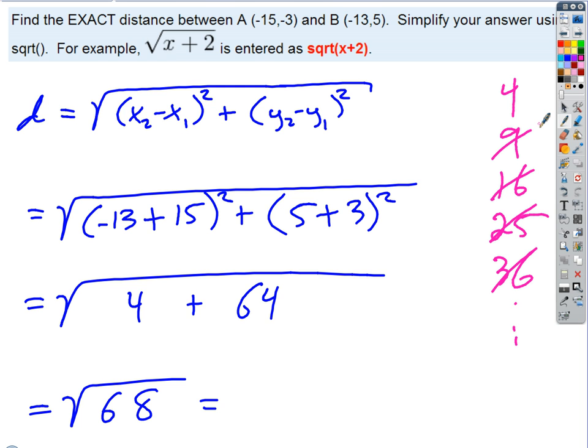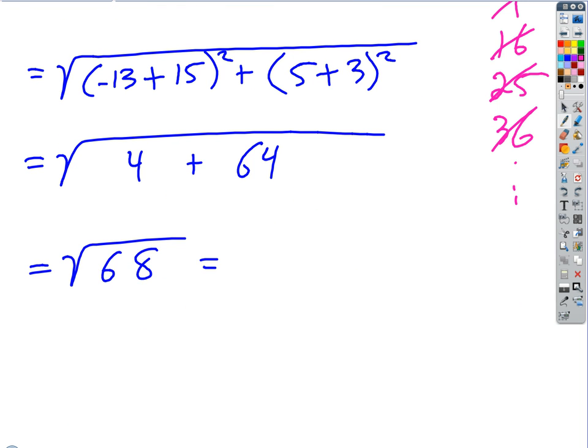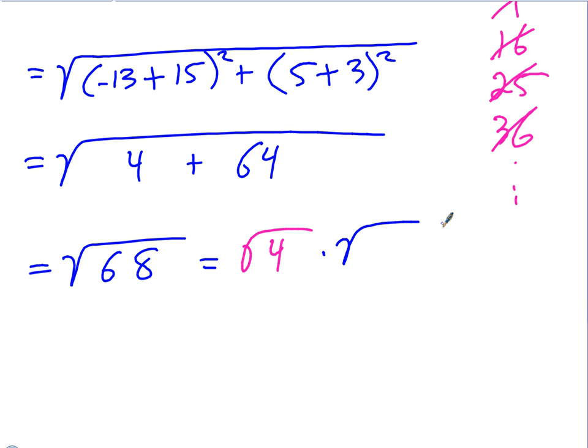Okay, so we could rewrite this as, I could split up this 68 into a square root of 4 times a square root of what? 4 times what is 68? Well, what's half of 68? Half of that? 17.